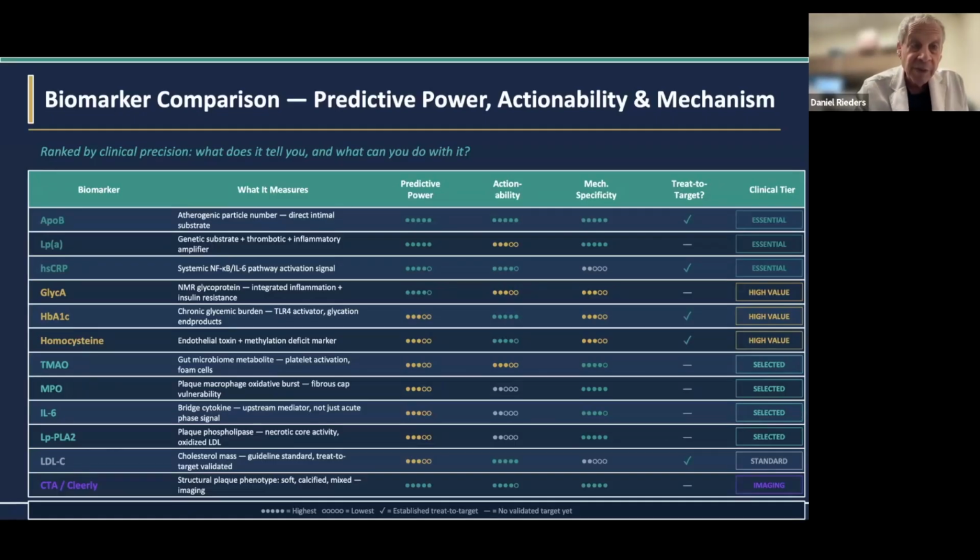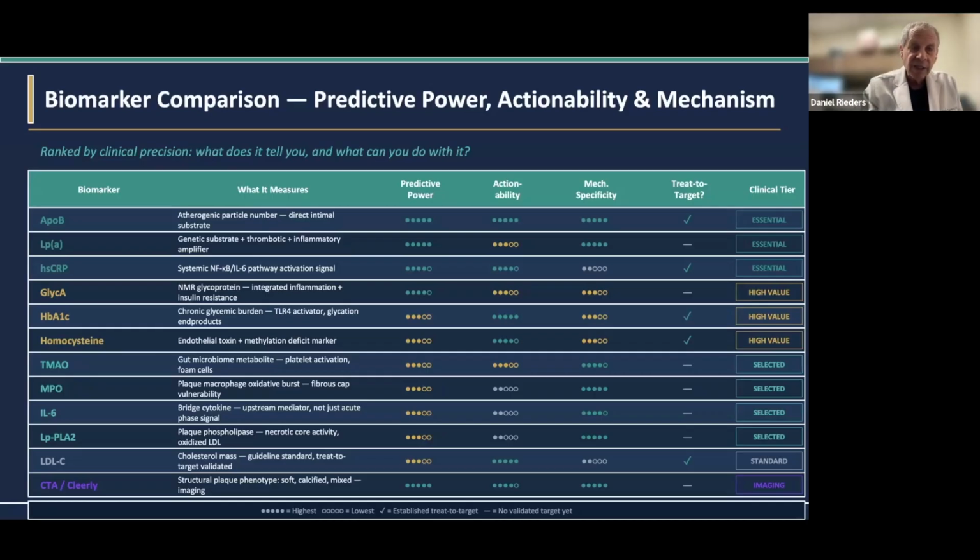The next importance would be a lipoprotein A. And it can change during life. I've seen it, although a lot of the dogma is that it doesn't change. Then the next valuable test would be an HSCRP. It's telling us about systemic inflammation pathway activation.